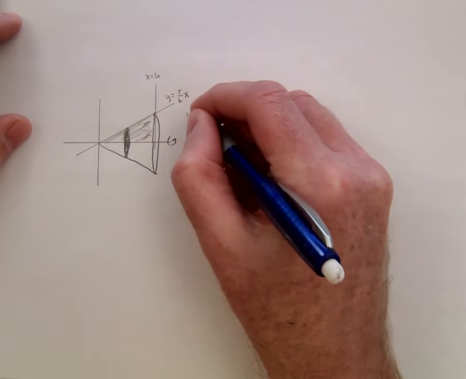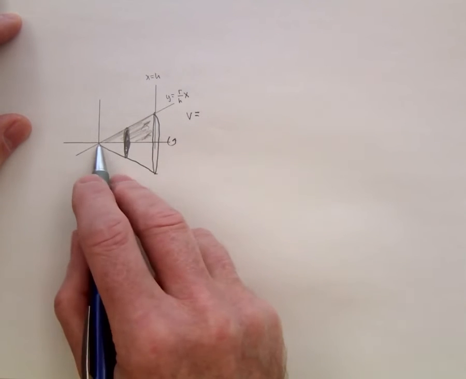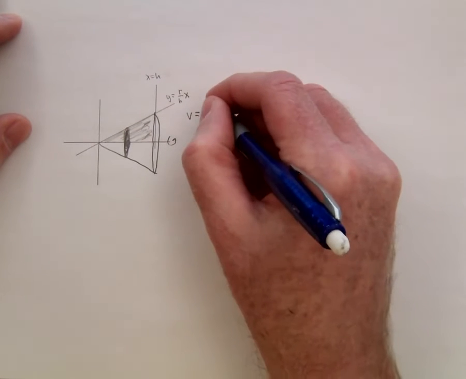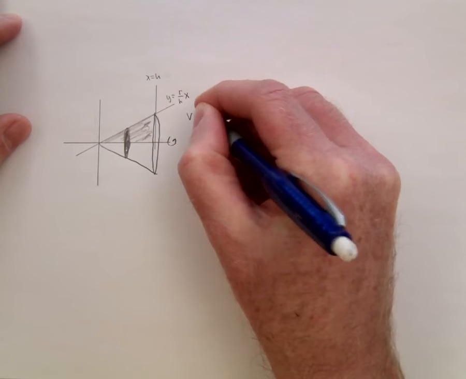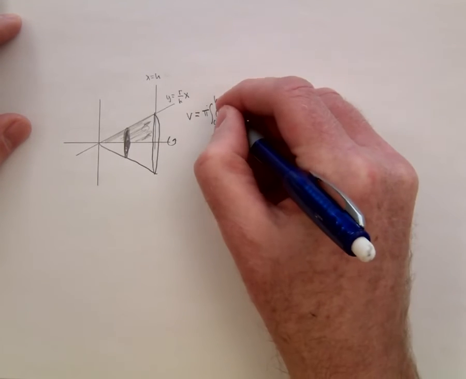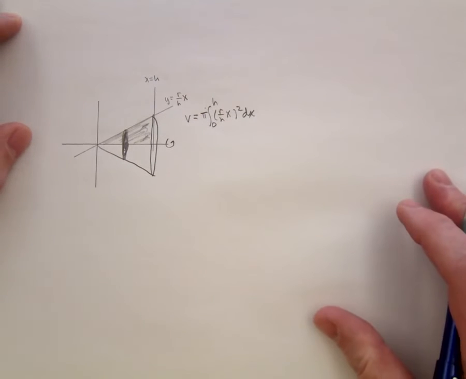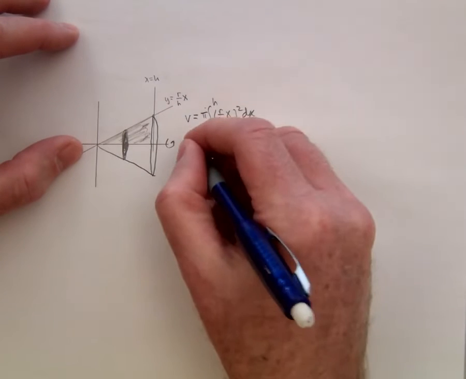So the volume is going to be the integral from one end to another. That's now from 0 to h, pi times the radius squared dx. The radius is again r over h times x. The r squared over h squared is a constant, and it can come out in front.